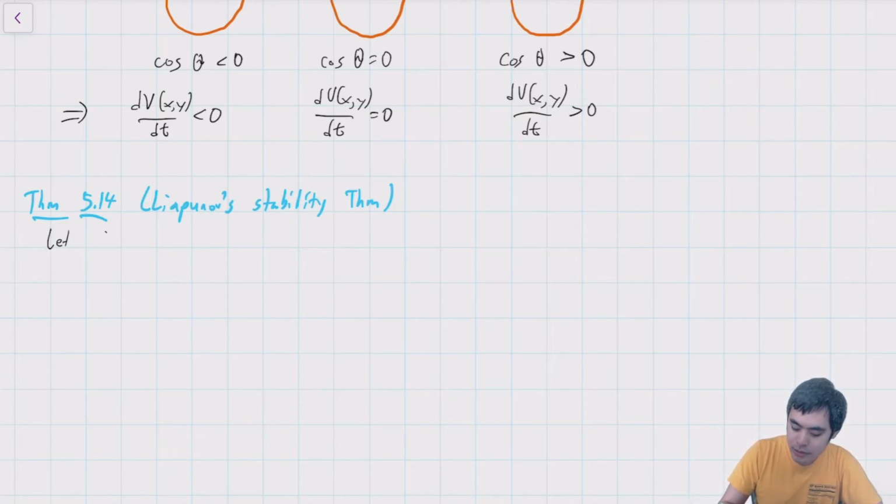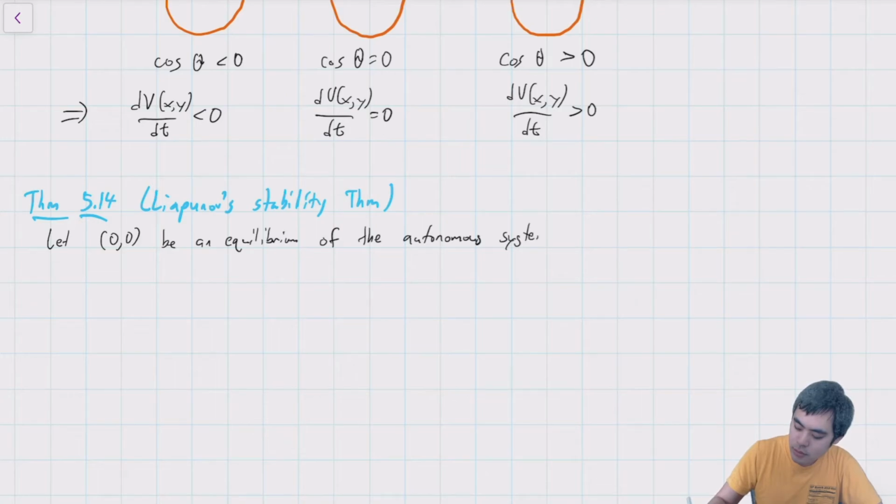So let (0,0) be an equilibrium of the autonomous system x dot is equal to f of x, y, and y dot is equal to g of x, y, so our standard setup.